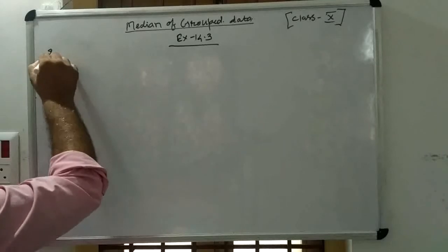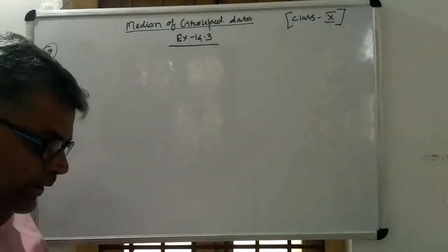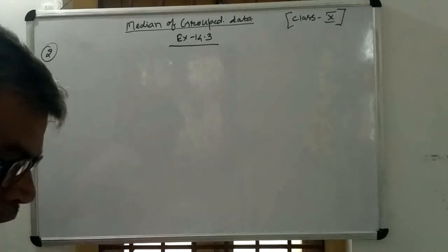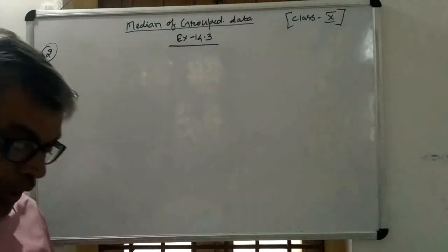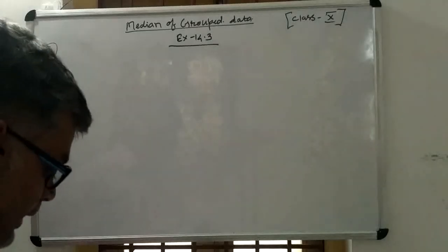Question number 2 is: if the median of the distribution given below is 28.5, you need to find the values of x and y.